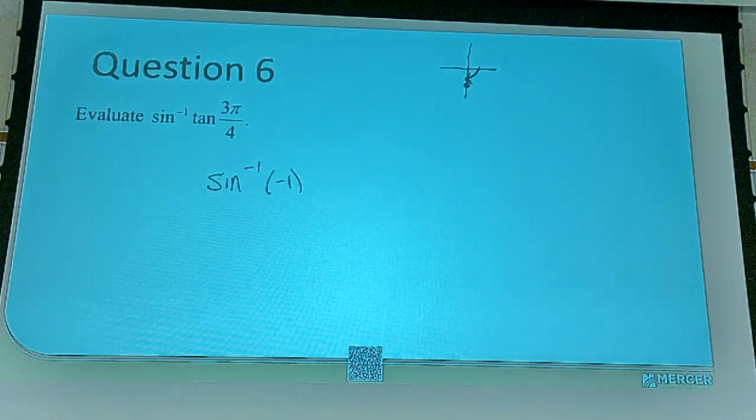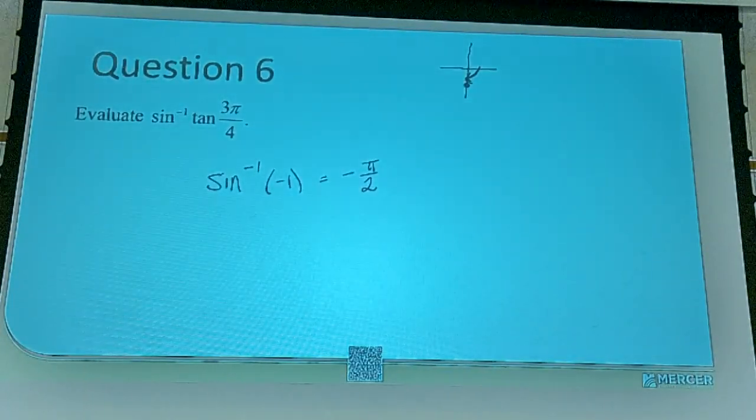And we don't want it in degrees. We want it in radians. Pi is 180, so negative pi/2. So that's the inverse sine of -1.